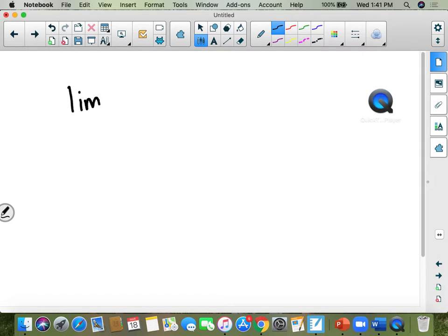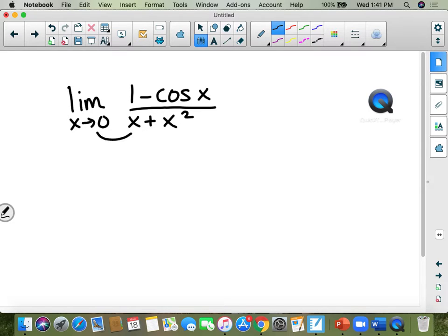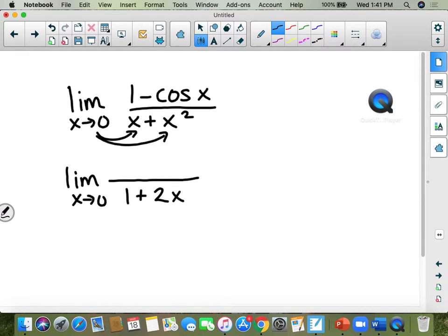The limit as x approaches 0 of 1 minus the cosine of x over x plus x squared. When you plug 0 into the denominator, you're going to get 0. So I'm going to apply L'Hopital's rule to this problem. I take the derivative of the bottom, and I take the derivative of the top.